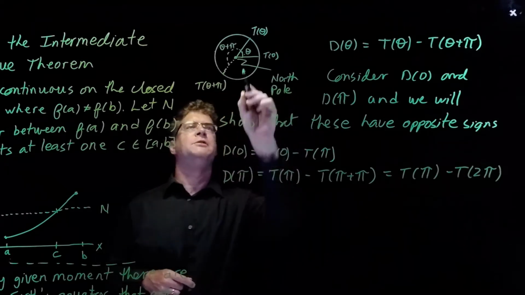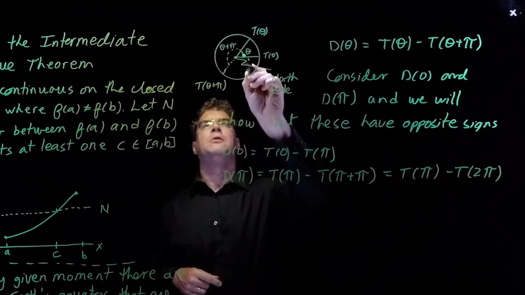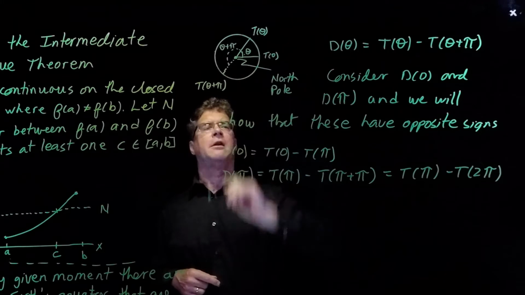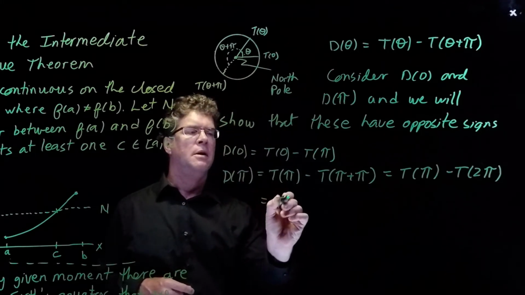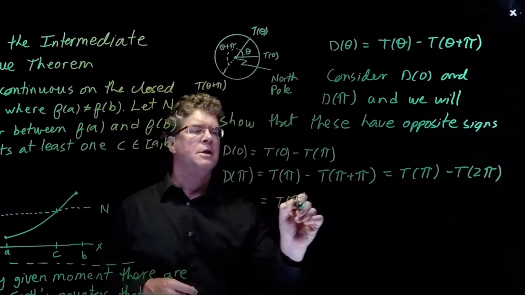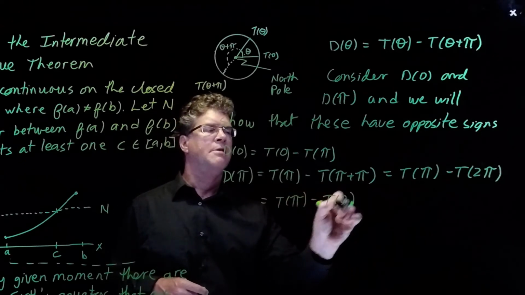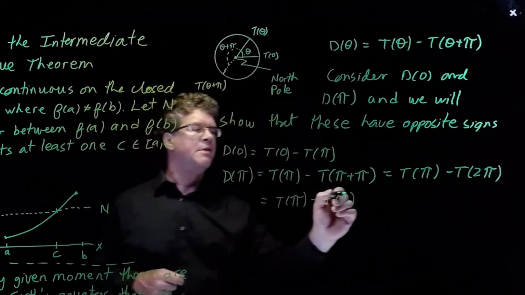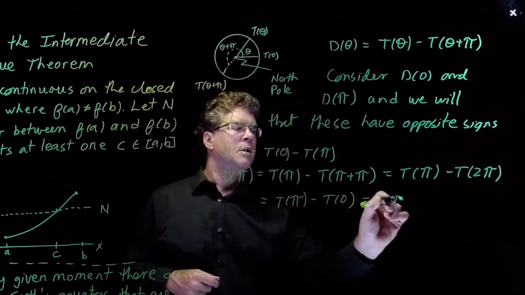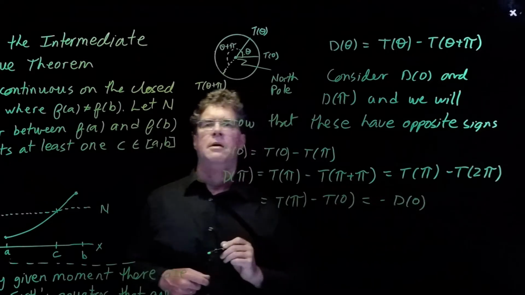So 2 pi will just take us around the circle exactly once. And so this is equal to T of pi minus T of 0. And so this is going to equal minus d of 0.